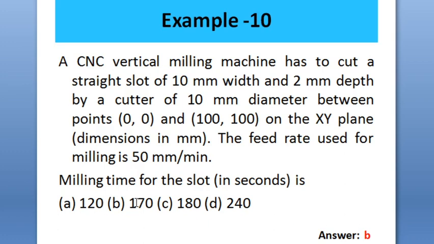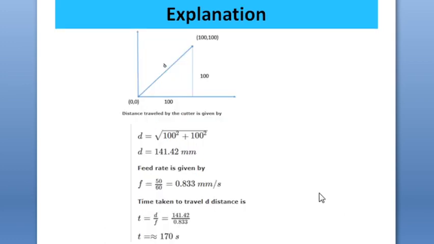How can we calculate the 170 seconds? The explanation for the previous question: the starting point of the slot is the origin 0, 0, and the end point of the slot is 100, 100.